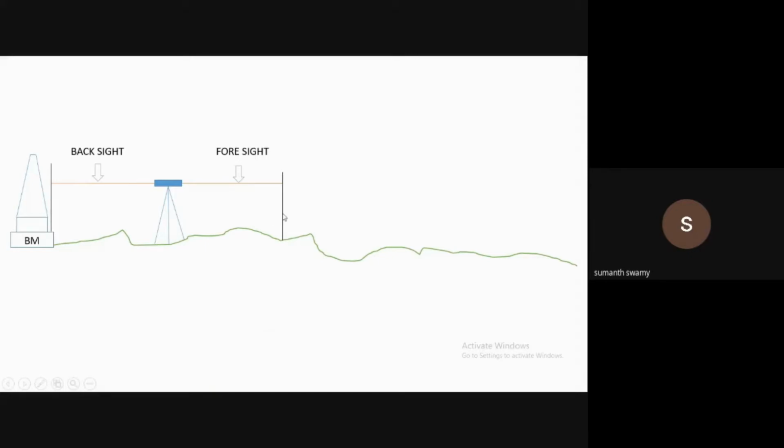Later, without changing the position of the staff, the instrument station is shifted from one point to another. From the newly leveled station, again the staff is sighted and now it is called the backsight. Then the telescope is again tilted and the foresight is recorded.